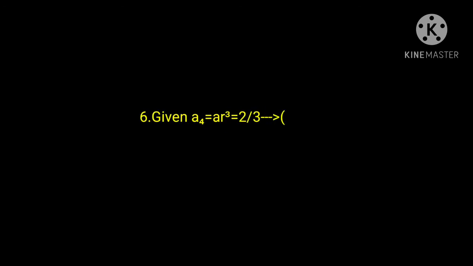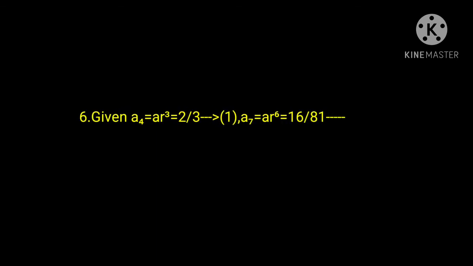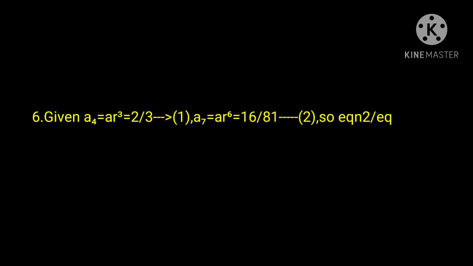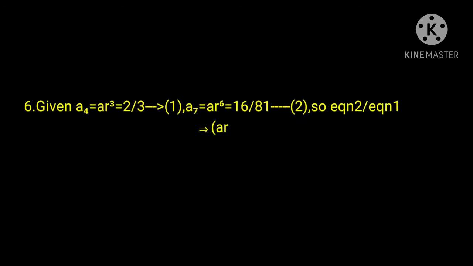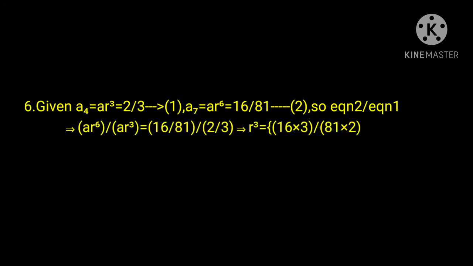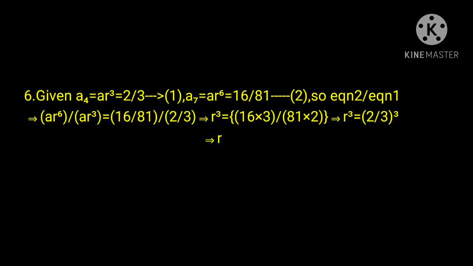Next, sixth question. The 4th term is given, that is a r cube is equal to 2 by 3. Call this equation 1. The seventh term a7 is a r power 6, equal to 16 by 81, is also given. Consider that as equation 2. Now equation 2 by equation 1: a r power 6 by a r cube is equal to 16 by 81 divided by 2 by 3. On simplification, r cube is equal to 16 into 3 by 81 into 2.